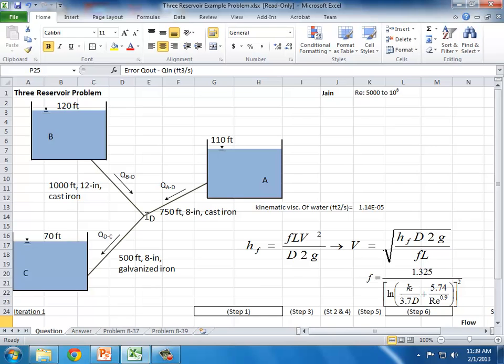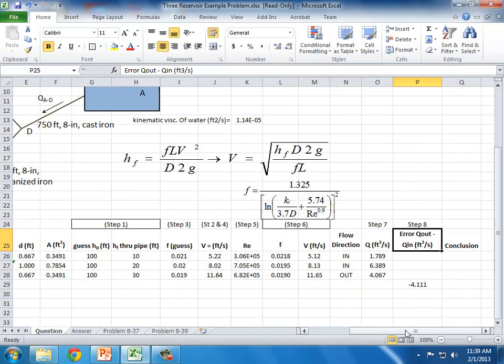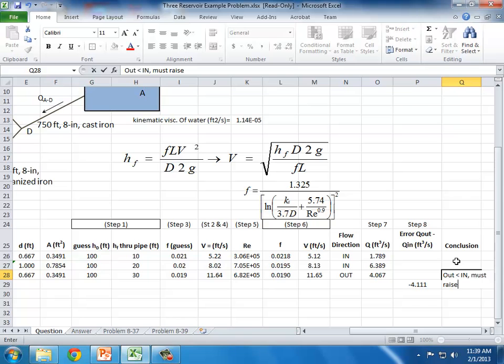We know that this guess of 100 feet is too low because the flow rates that are consequential of that energy level told us that the flow out would only be 4 cubic feet, but the flow in is about 8 cubic feet. And so we're off by 4 cubic feet per second. So the conclusion here is: out is less than in, must raise guess of H sub D.